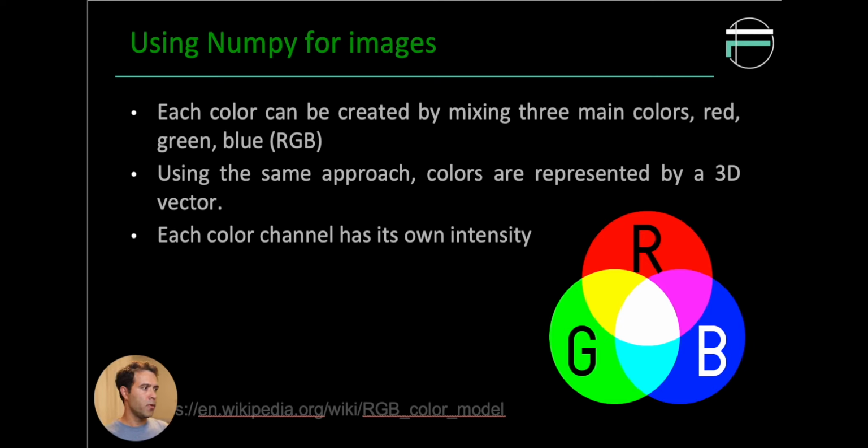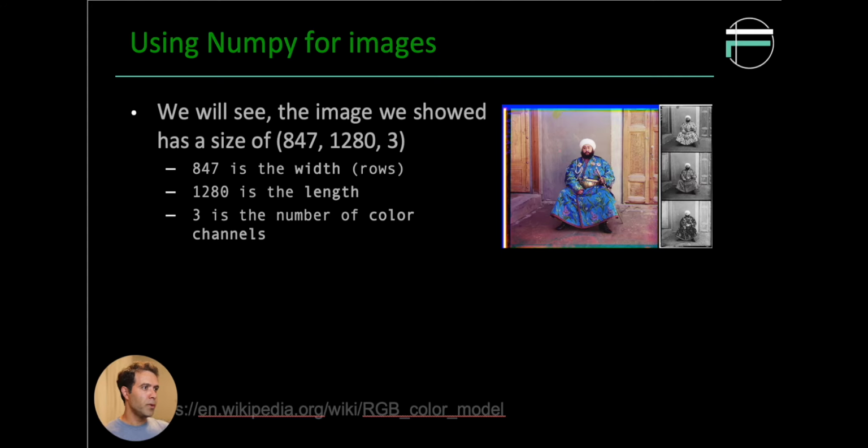If you want to read more about this, you can take a look at the Wikipedia RGB color model page, where I started this video. We're going to bring in the image that we saw before, and you see that this image has the size of 847 by 1280 by 3, where 847 is the width, 1280 is the length, and 3 is the number of colors.